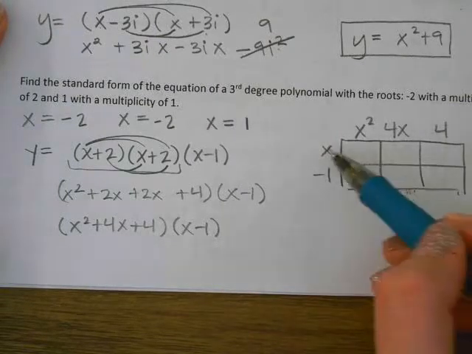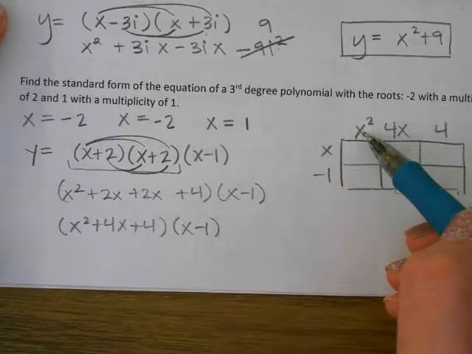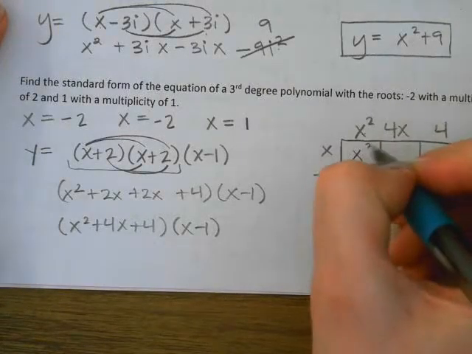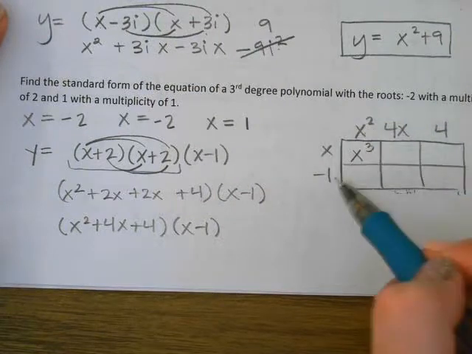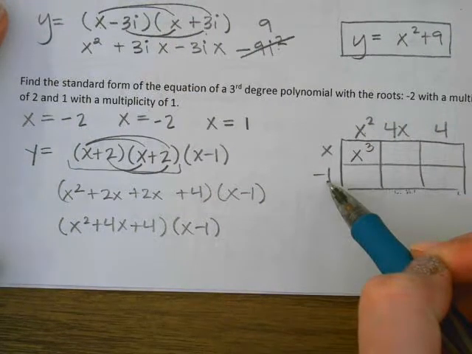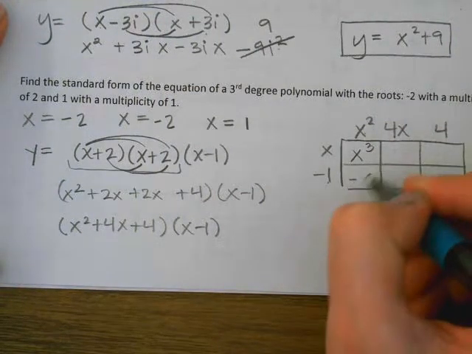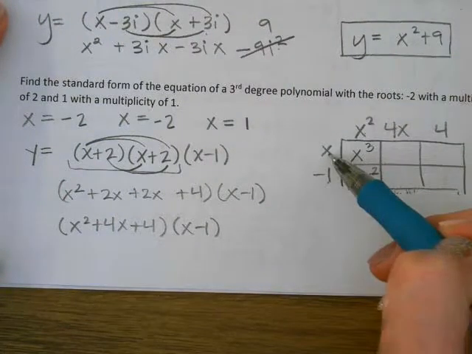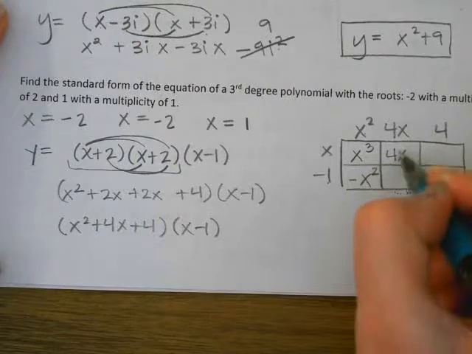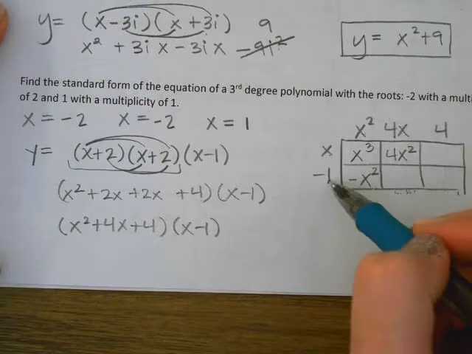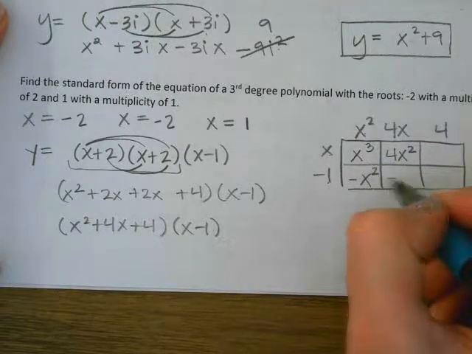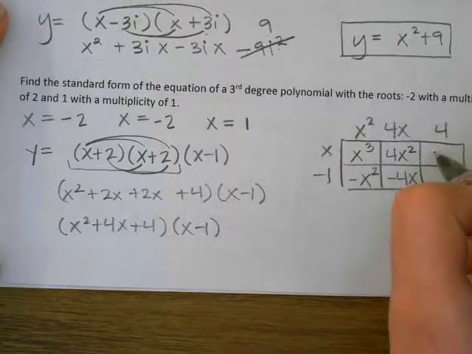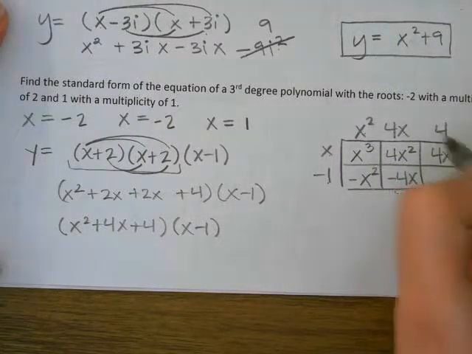So if we did x times x squared, x cubed. If we did x squared times -1, if we do 4x times x, if we do 4x times -1, 4 times x, and 4 times -1.